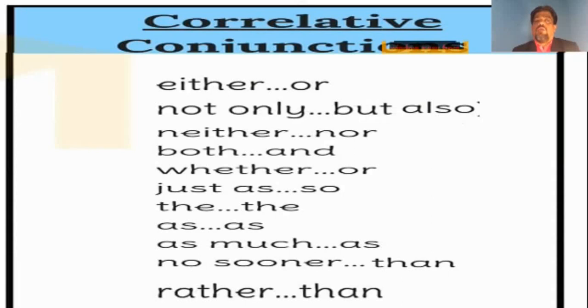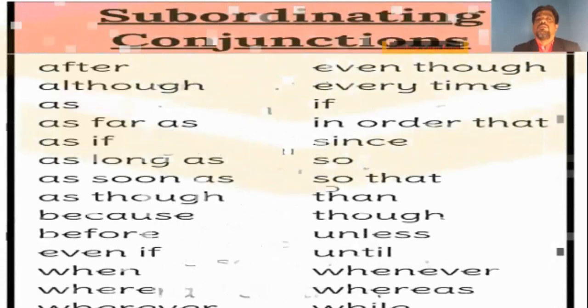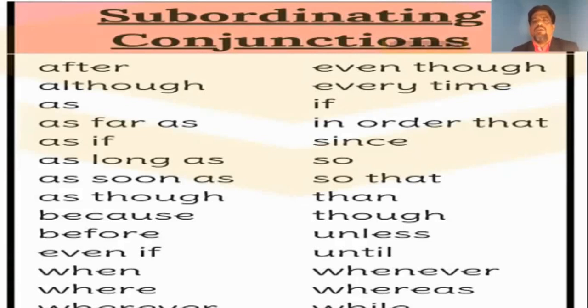So we have correlative conjunction, and before that I spoke about coordinating conjunction. Rest of all the conjunctions, whatever we use, come under subordinating conjunction. Simple.